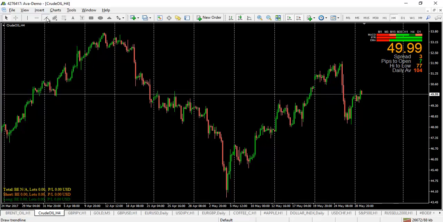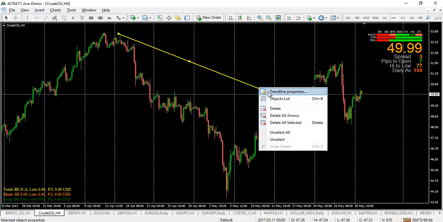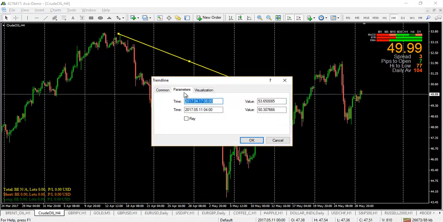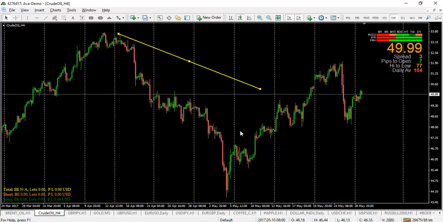A couple of drawing tools you need to amend. This is a trend line. Usually when you draw a trend line, it will not be drawn like this, because the ray option is selected. Right click on the trend line, go to parameters, and uncheck the ray, and you're done. Here's another trick. While the trend line is selected, hold the control button and double click.